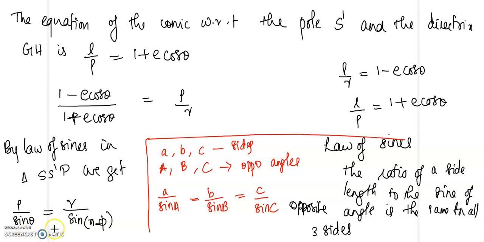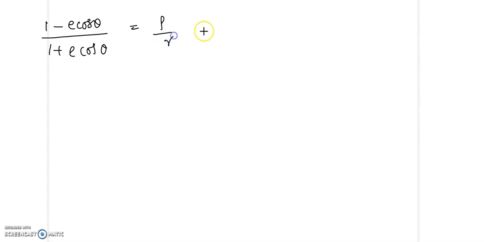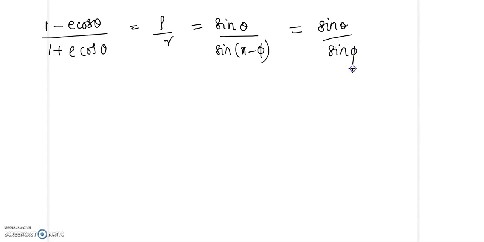Rho by r is sin theta by sin of pi minus phi. So we can write the equation as 1 minus e cos theta by 1 plus e cos theta equal to rho by r equal to sin theta by sin of pi minus phi. Now sin of pi minus phi is again equal to sin phi. So we get sin theta by sin phi.